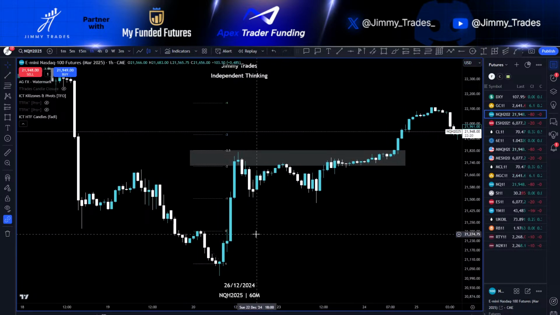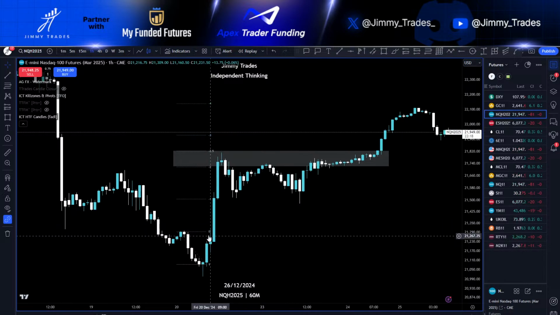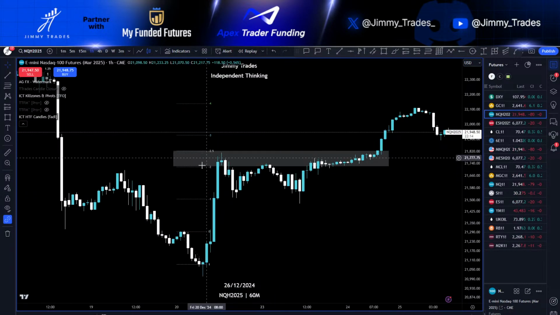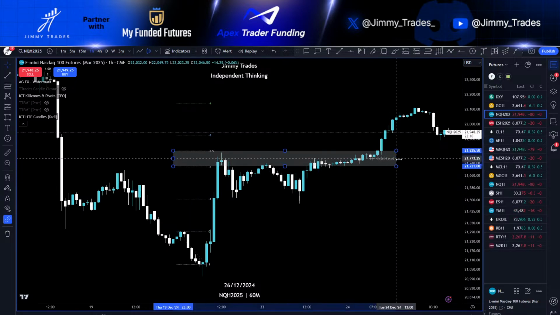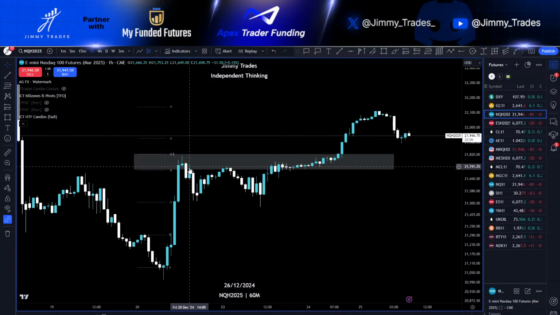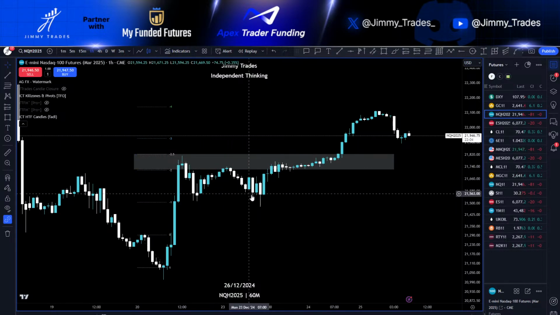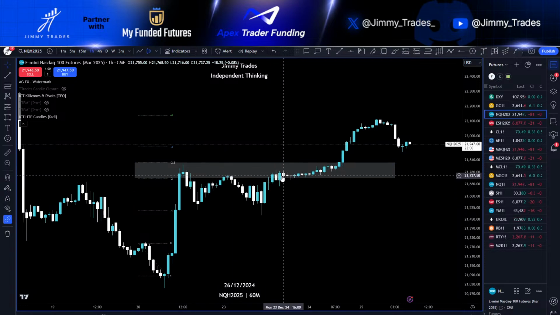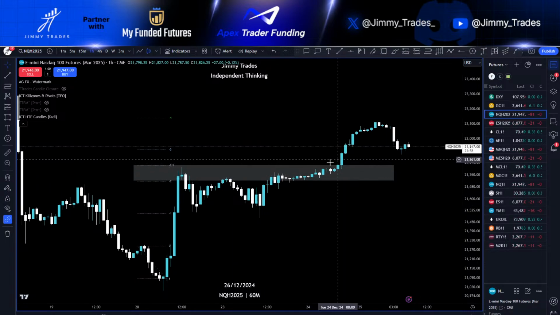So we had the change in state of delivery here on NQ, and then we can run our standard deviations. This is always the area I target, the -2 to 2.5. You can see price reacted once we reached up into this zone. We had another W formation here before price broke through.